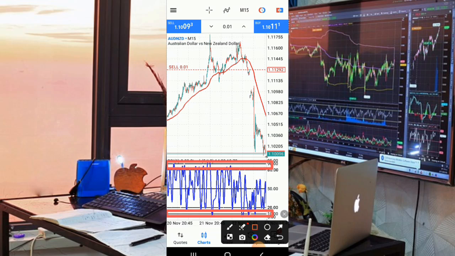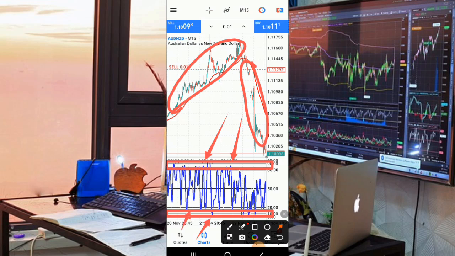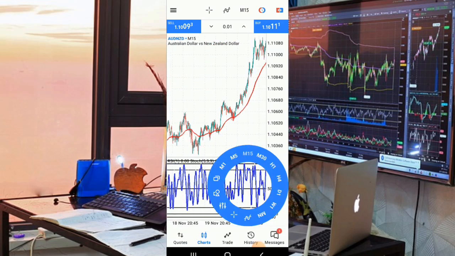So long as price is above the moving average, it means we will be buying. If price is below the moving average, it means we will be selling. And if we are selling, we are only going to be minding the top. If we are buying, we are going to mind the bottom. It's really not complicated, my dear friends.